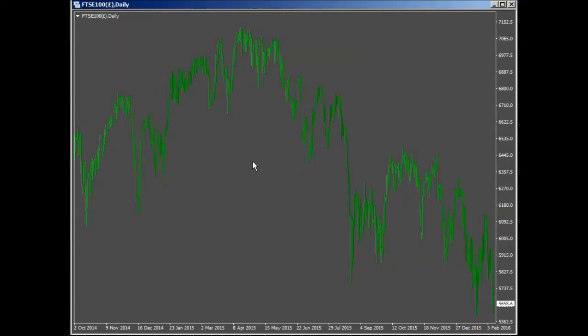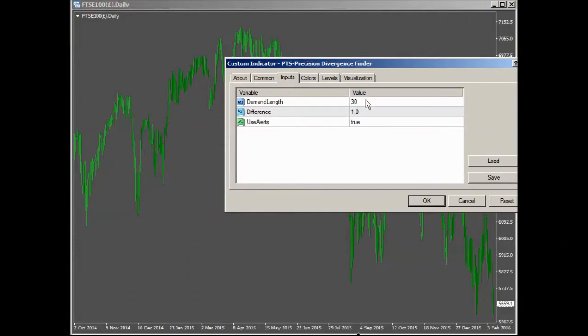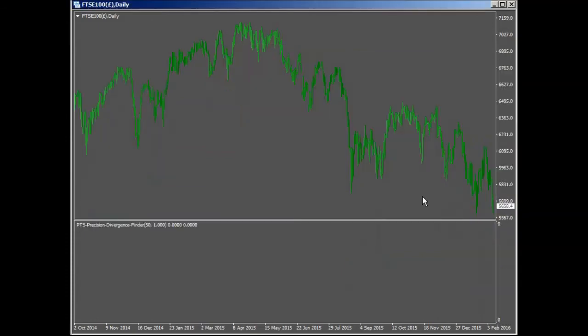So this is the FTSE 100, and I'm going to plot the indicator. This time length 50, and the difference we're looking for is 1. I'm going to turn the alert off so we can look through, and you can see there's nothing because the difference it's looking for is too big.